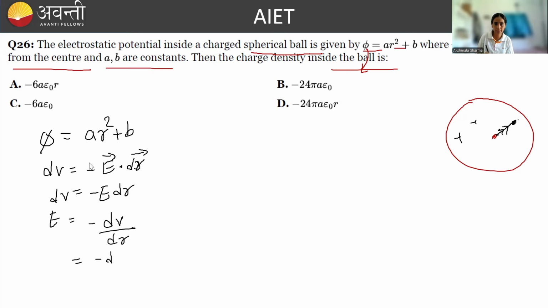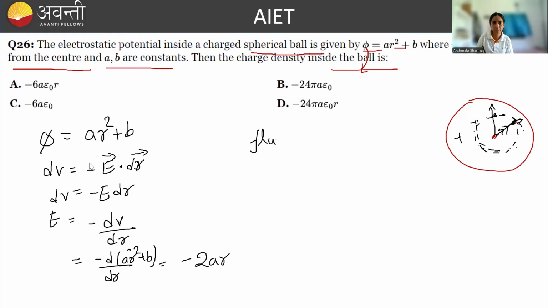If you calculate that here, this is A r square plus B, so this will become minus 2Ar. This is the electric field. So if we know the electric field passing through the surface at this point, then we can calculate flux through the area 4 pi r square.